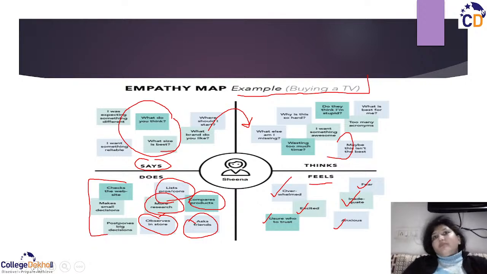Now that you have empathized, you have to work upon the definition part of the problem. Next, you generate ideas using different ideation techniques. It could be brainstorming, it could be interviewing, it could be how you are going to represent that part, right? And then we have the fourth step, that is prototype.